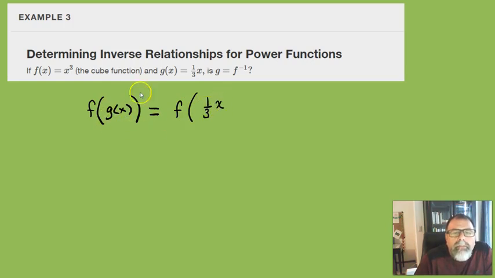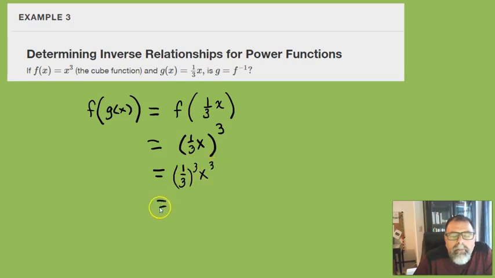So we take g of x out, put in the 1/3 x. Now we're going to put this in for x in the f function. The f function is x cubed. And if we simplify this, we've got to use the power of a product rule, which is you're going to raise both of these to the third power.